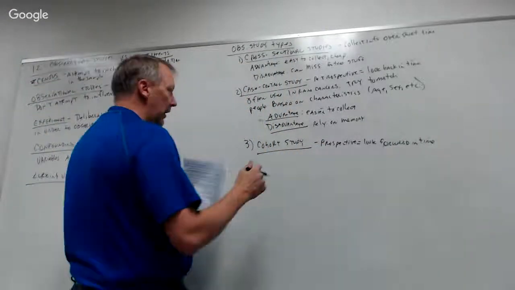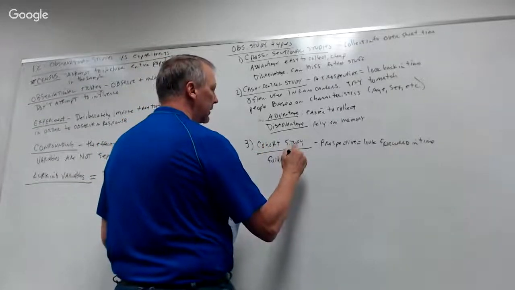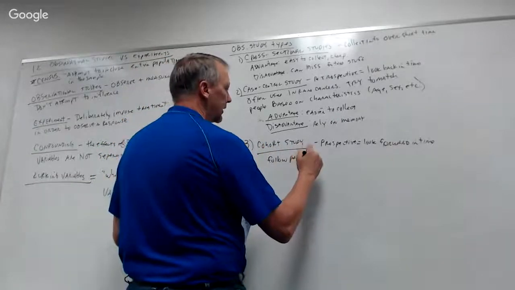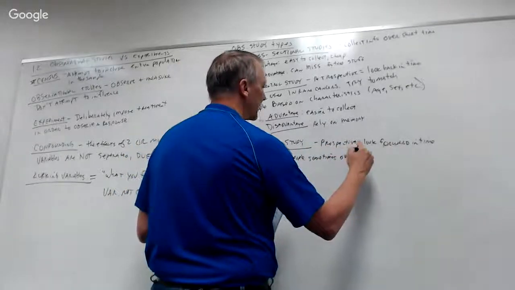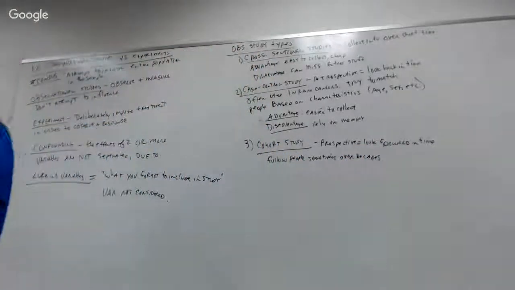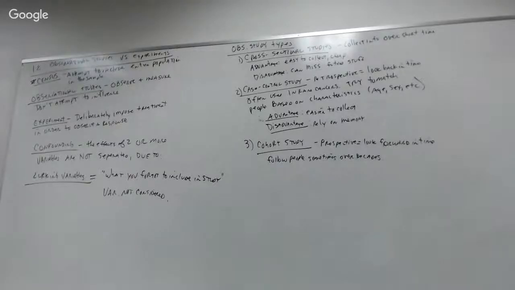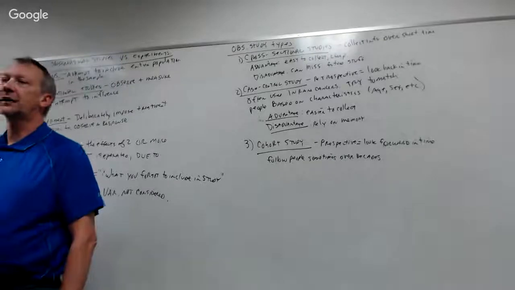And you follow people sometimes over decades. Okay? There's a famous study called the Framingham Physicians Study, still going on. It's been going on for about 40 years. They took medical students about 40 years ago and said, okay, we're going to follow you for the rest of your life. Okay, so take a survey.